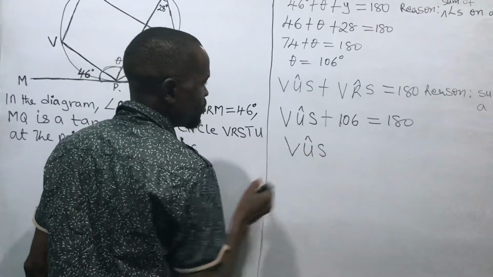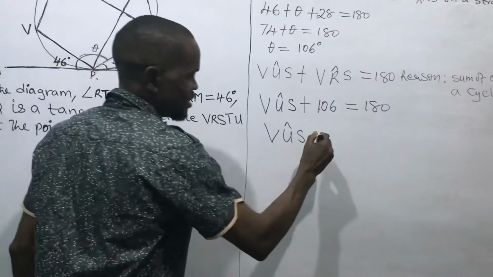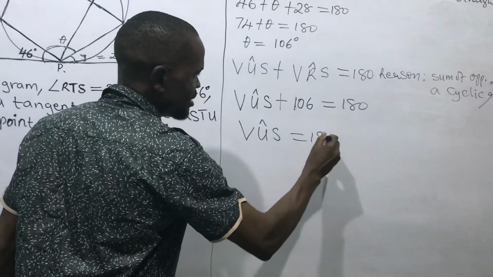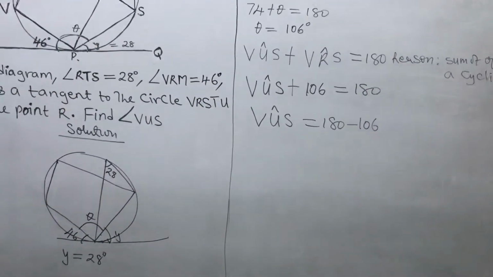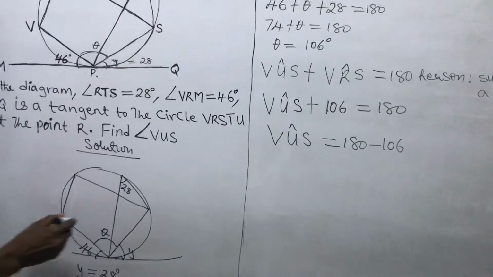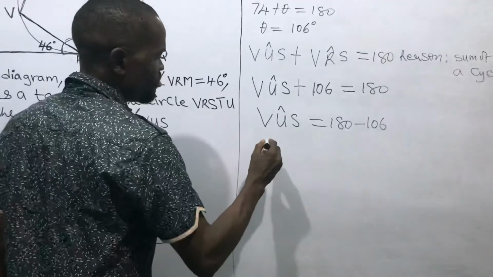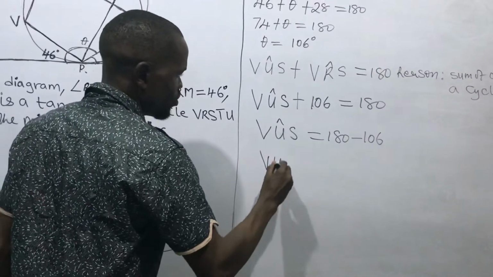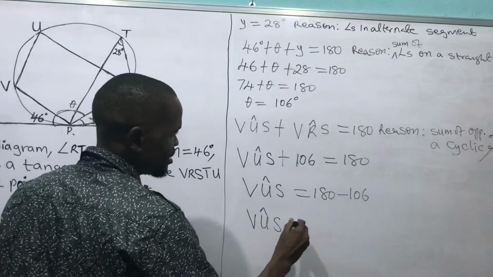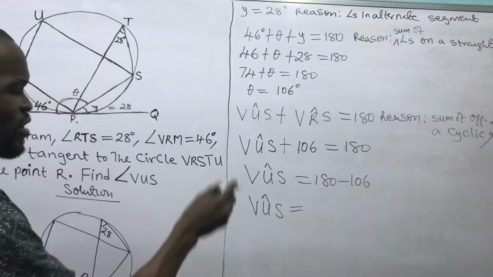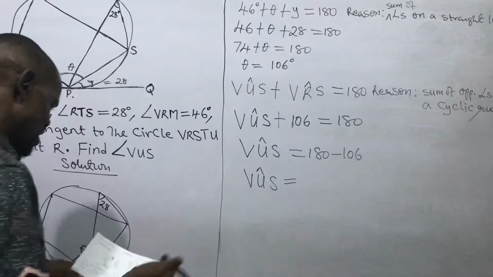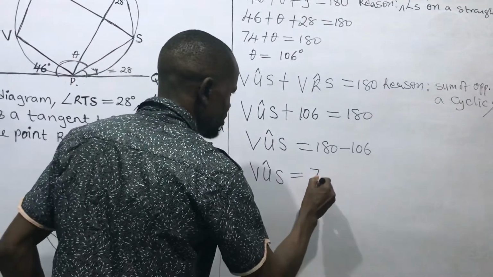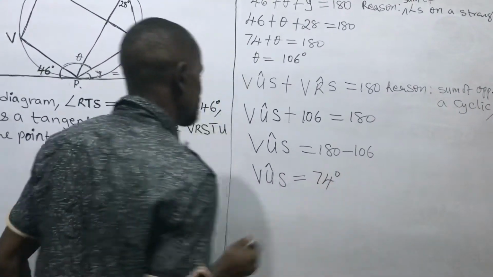Then this will now be that angle VUX is equal to 180 minus 106. 180 minus 106, and that will give me that VUX is equal to 74 degrees.